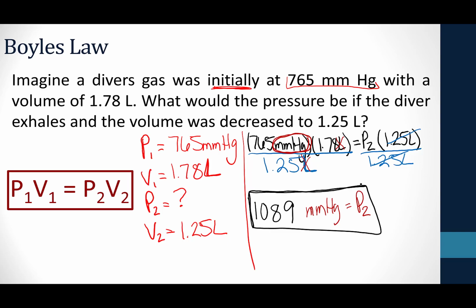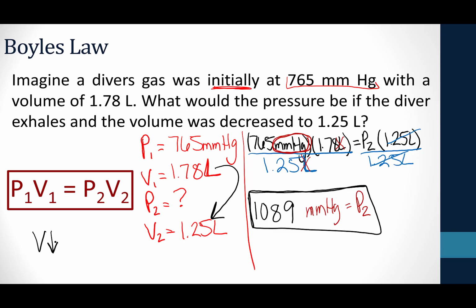So another cool thing that I want to talk about here is you can pretty much check your answer for all of these problems. So we can ask ourselves, does this make sense? So what happened in this problem? Well, if we look at our initial volume and our final volume, we see that the volume decreased.